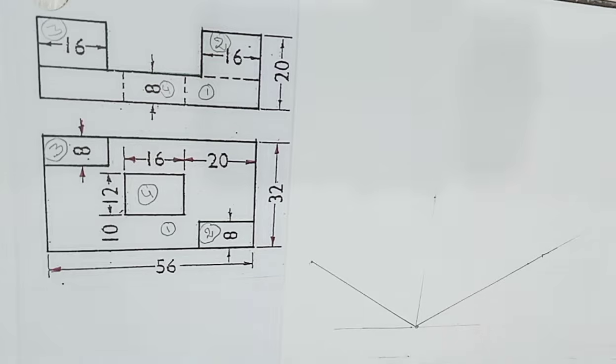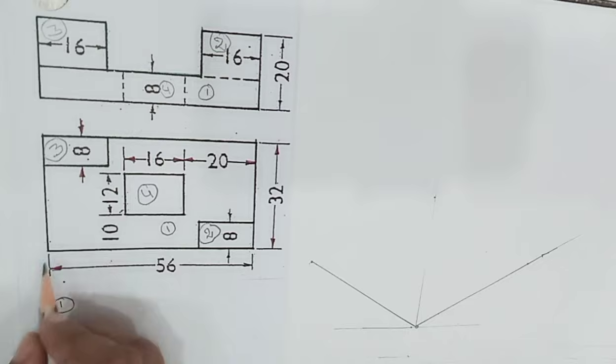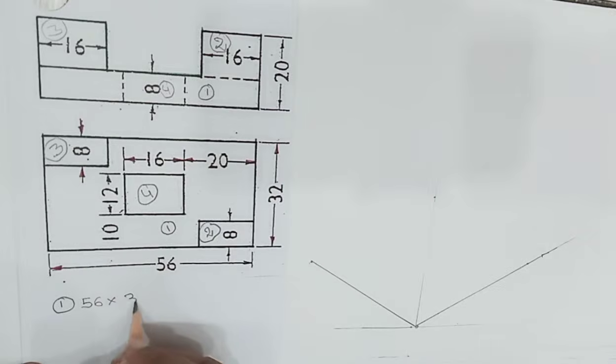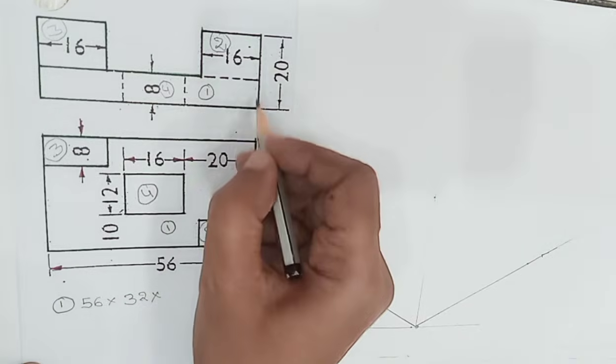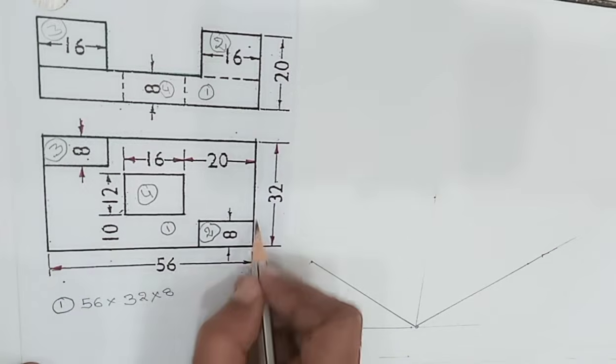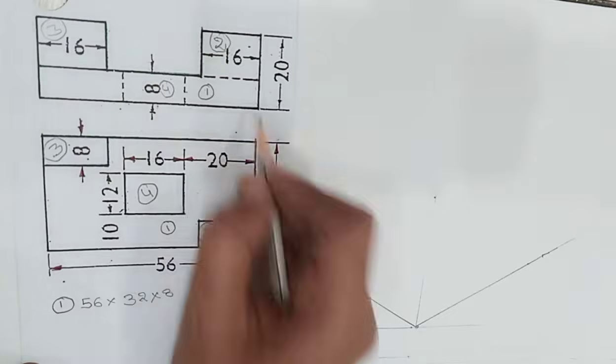After that, first part, say length is 56 and breadth is 32 and height is 8. That is, this is the first part image in the top view and first part image in the front view.